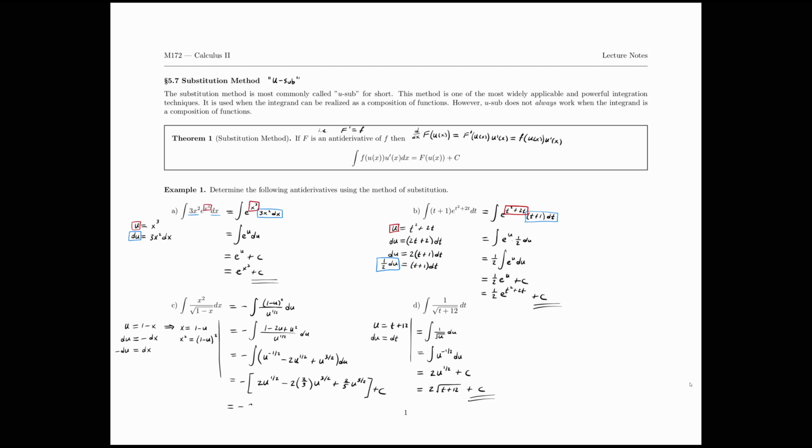So this would be negative 2. Our u is 1 minus x. So this would be 1 minus x to the 1/2 minus 4/3 1 minus x to the 3/2 plus 2/5 1 minus x to the 5/2 plus c. And there we go.